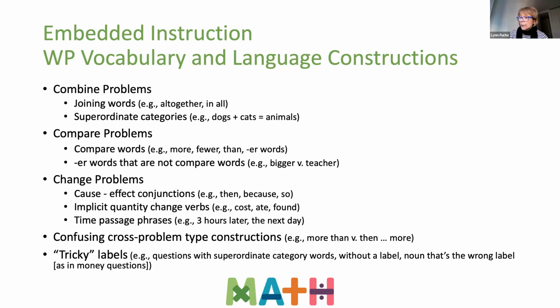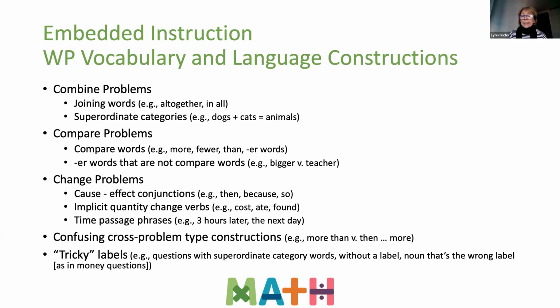Time passage phrases are often in change problems, along with confusing cross problem type constructions. A lot of our children don't hear the difference between the words "than" and "then," which have very different meanings when you're dealing with quantities. They're very important, and a lot of our children need explicit instruction on this.